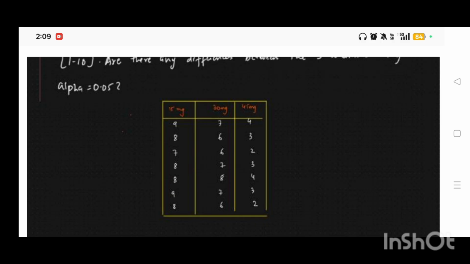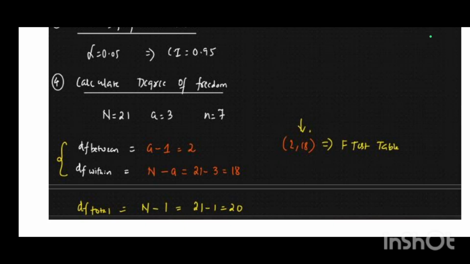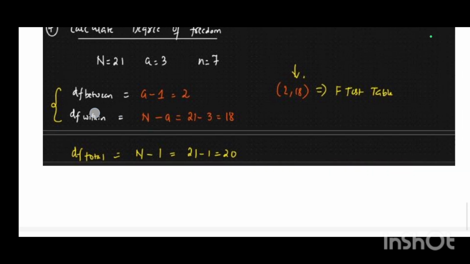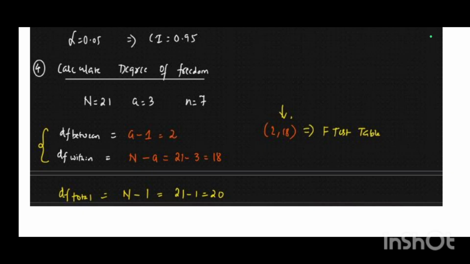So here you can do the degrees of freedom like this: 21 minus 1, G minus 1 and capital N minus G. The degrees of freedom: 21 minus 1 is 20, and 21 minus 3 is 18 for the within or error.